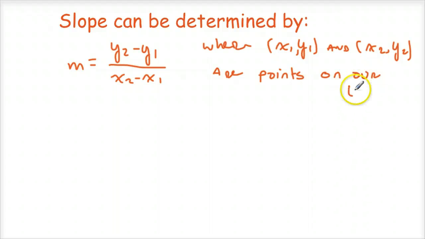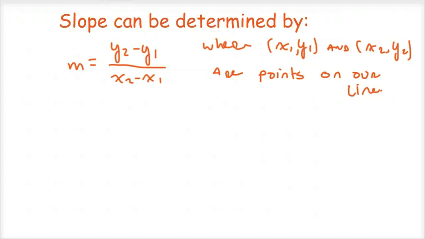So if we're trying to find the slope of a line, we need to find 2 points on there, and then we just plug them into this formula. y2 minus y1 is the difference of the y values, difference or change in. Difference we always think of when we have subtraction, just like sum is always the word we use to describe addition. So the difference or change in the y values, or the vertical change over the horizontal change.